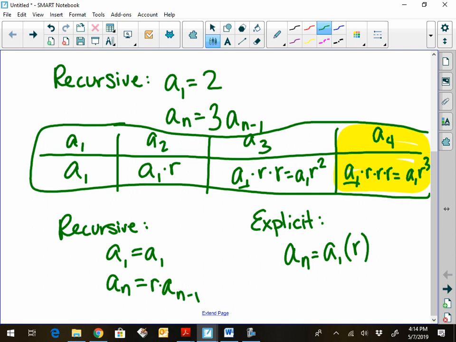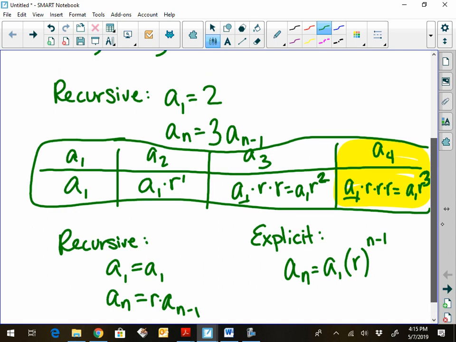But our ratio, one way we can get it, notice we had our exponent of 1 here, 2 here, 3 for the last one. So we're taking this value, this 4 that we had, and we're taking away 1 each time, right? We have 3, we take away 1, we get 2. 2, take away 1, we get 1. So we can say n minus 1 up there. So in general, that's what they would look like.